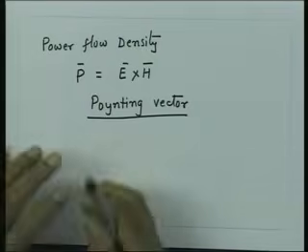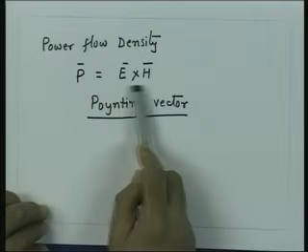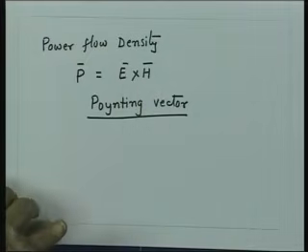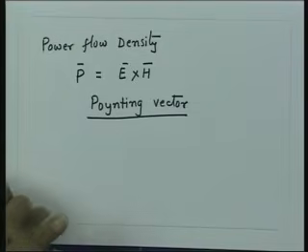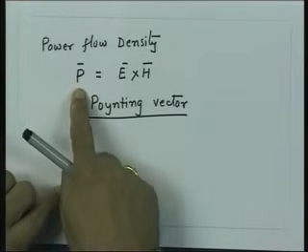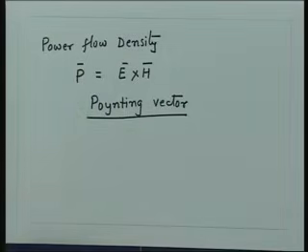Whenever there is a crossing of E and H, there is a possibility of power flow. I am using the word possibility here because this quantity essentially is telling you the so-called instantaneous power. If I know the value of E and H at some instant of time, at some point in space, I can always find out this cross product at that instant of time, and I will get a number, this quantity P, which will give me the Poynting vector at that instant of time.